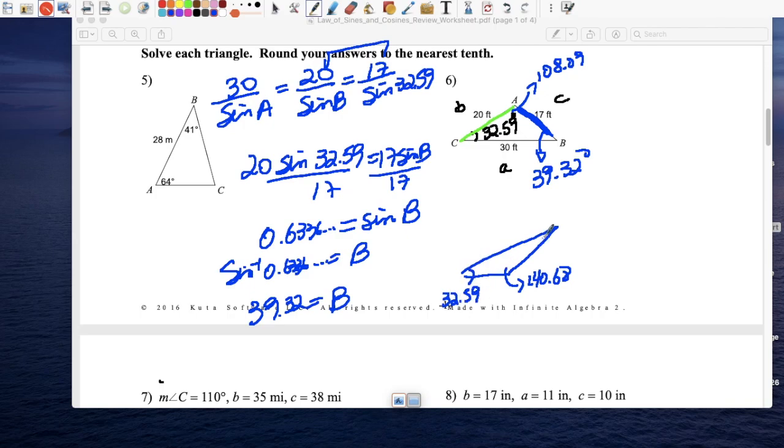And then this angle over here is going to be a little bit less: 180 minus 32.59 minus 140.68. We get 6.73 degrees.